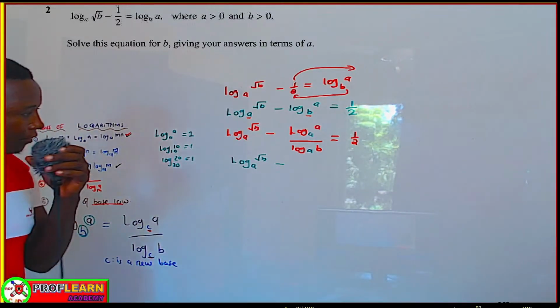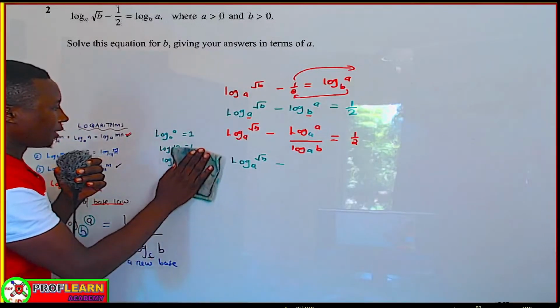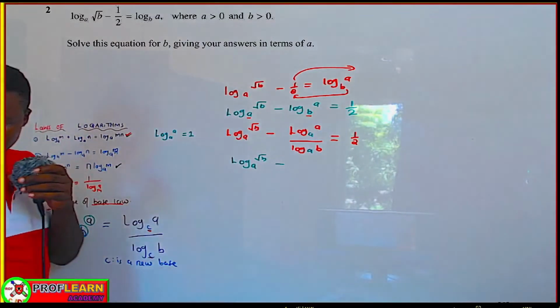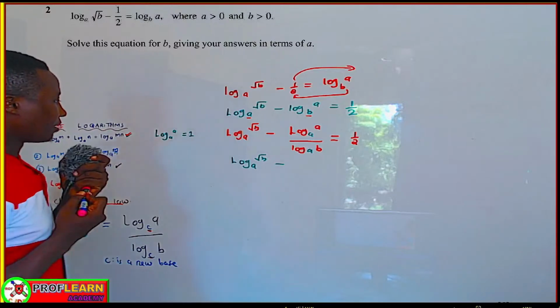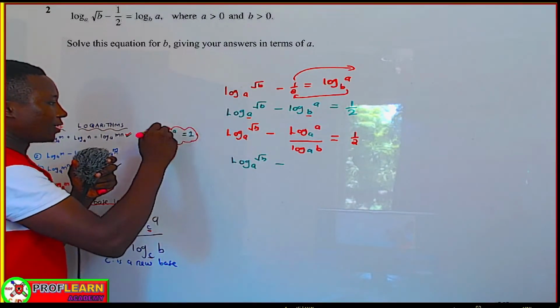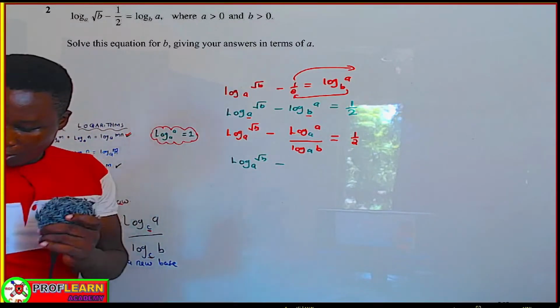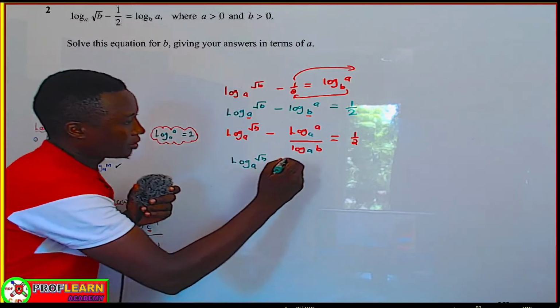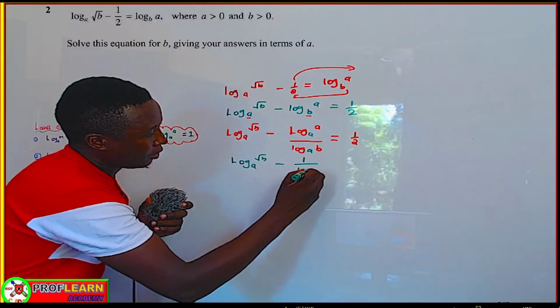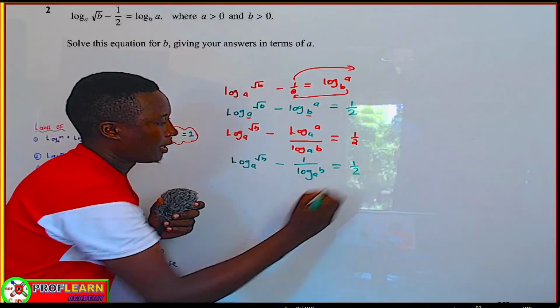So the value at the top there is going to be equal to 1, and the whole of this is going to become 1. So we can now say this is 1 over log b base a equals a half.